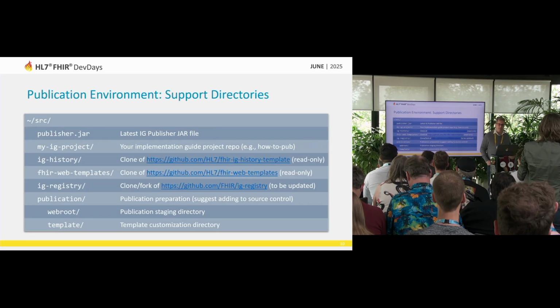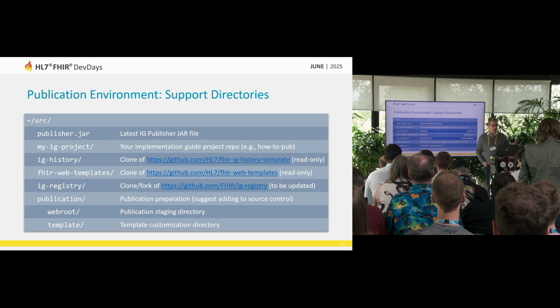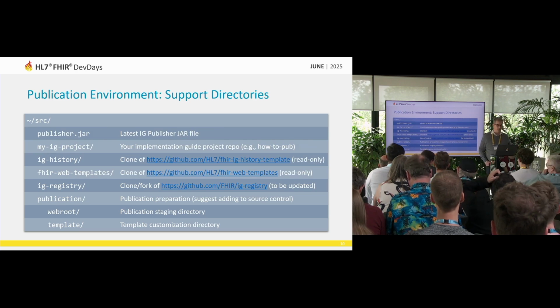Okay, to set up the publication environment, you'll need a directory on your local machine with the most recent IG Publisher jar file, a copy of your IG project repo, and a copy of some HL7 repos. IG history contains the HTML for that directory of published versions we keep hearing about.